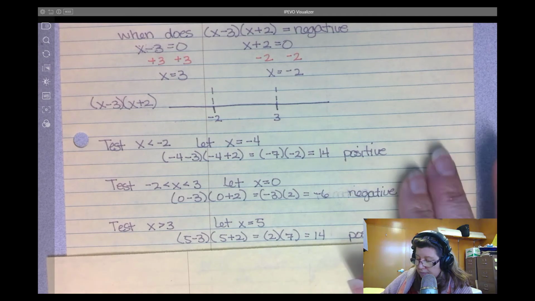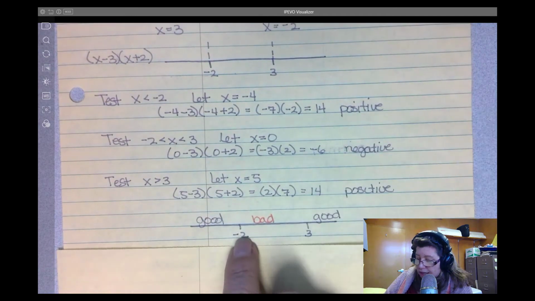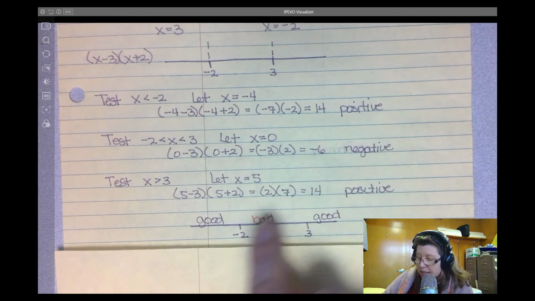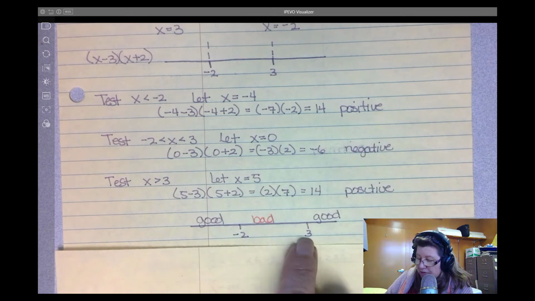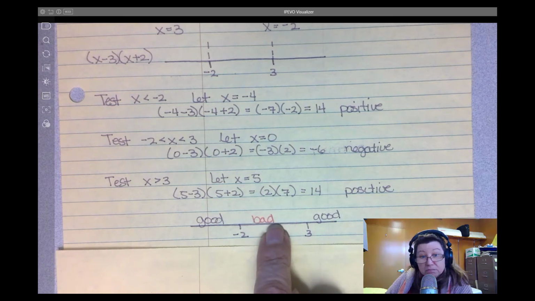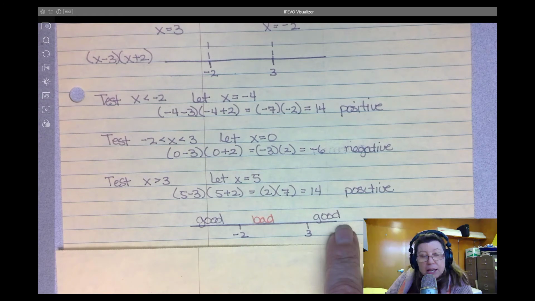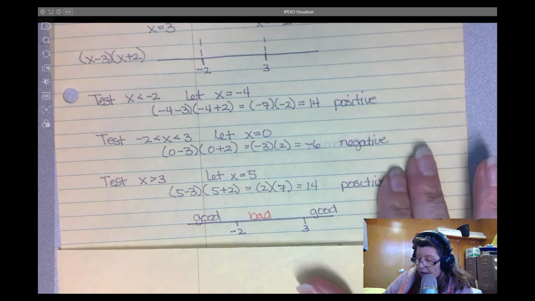So here's what we've got. Anything below -2 is good because it came out positive. Any value between -2 and 3 is bad. And any value above 3 is good. And remember, we're allowed to be 0, so here's how we're going to write it up.